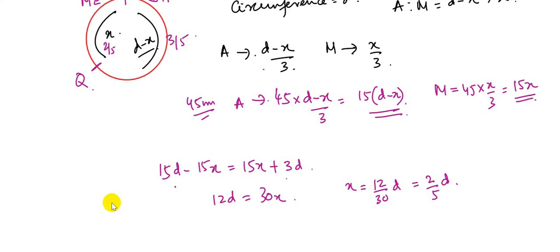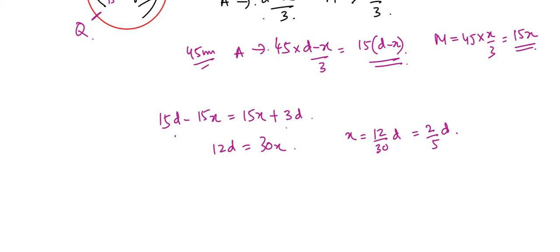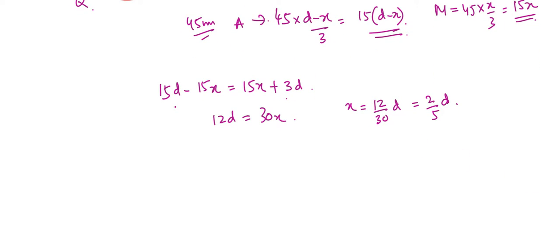So therefore, in 1 hour, what will Meera cover? In 1 hour, the distance covered by Meera in 60 minutes will be 60 into the speed of Meera, which is x by 3, which would be 20x.